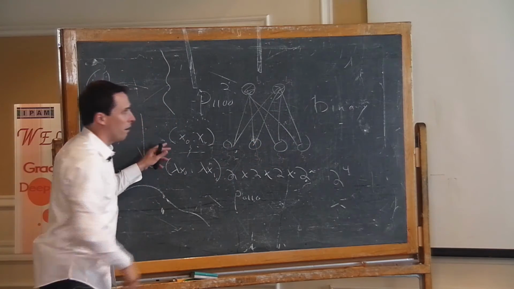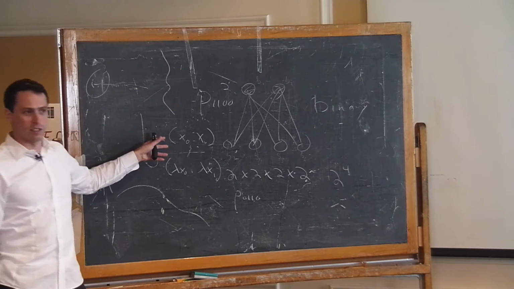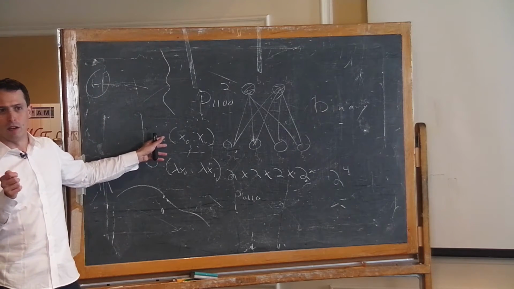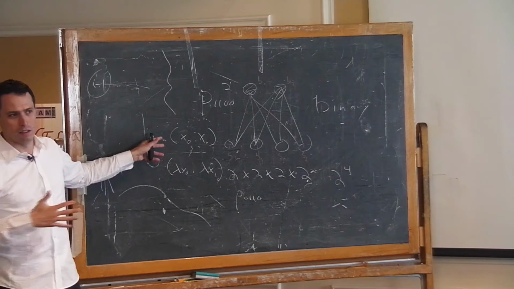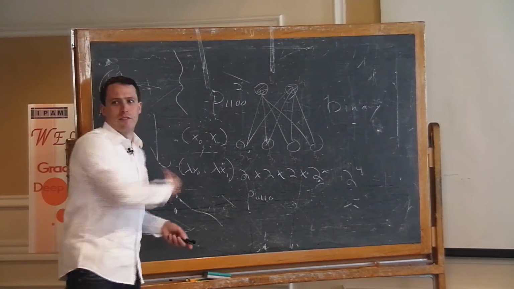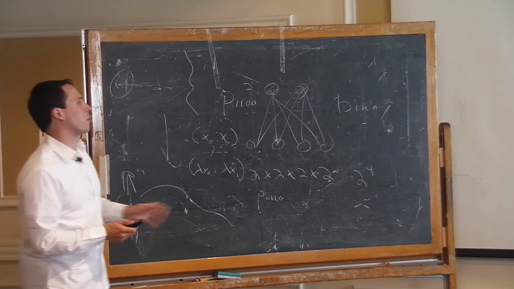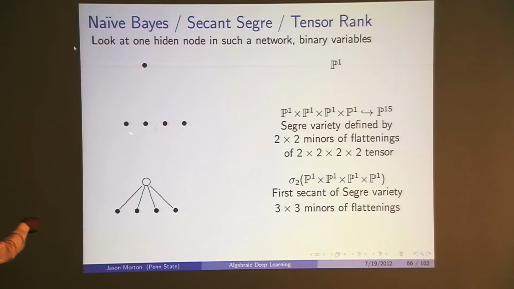But that's a P1, and that's very close to saying a probability distribution on the bias of a coin. It's just one-dimensional. Basically, I have to rescale so it sums to 1, but it's the algebraic way of saying that. If I have a product of these things, then I have a Segre variety, and this is the nice case where I take flattenings of my tensor, think of it as a matrix in all possible ways, take all the 2 by 2 minors, and that cuts out the variety. So that gives me a complete algebraic description of it.